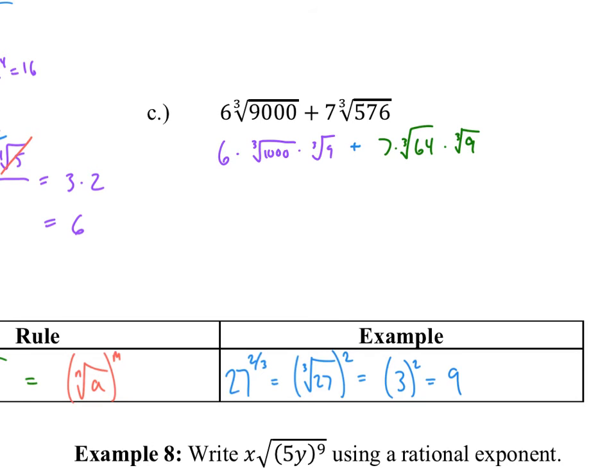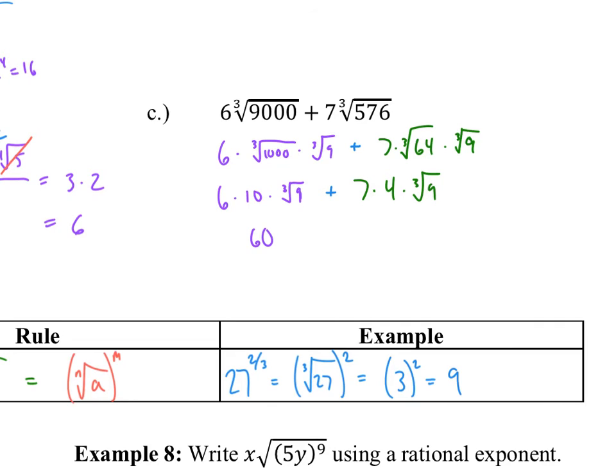And so what I see here is that I got a 6, of course. The cube root of 1,000 is 10. And then there's no cube root of 9, so that's still just the cube root of 9. And then plus 7. The cube root of 64 is 4, so times 4. And then that cube root of 9 again.